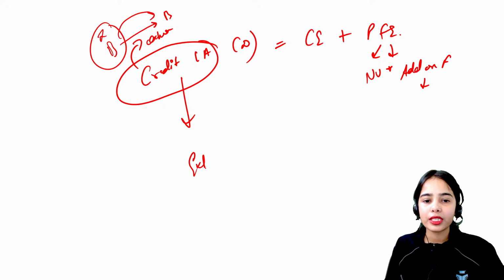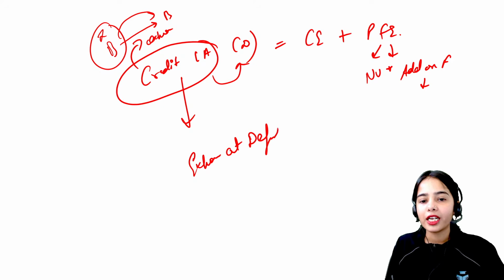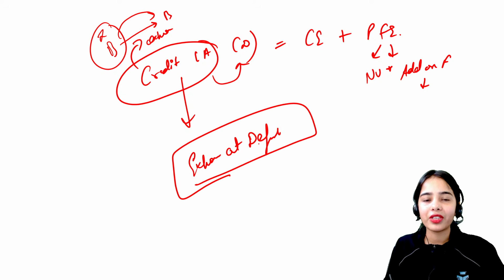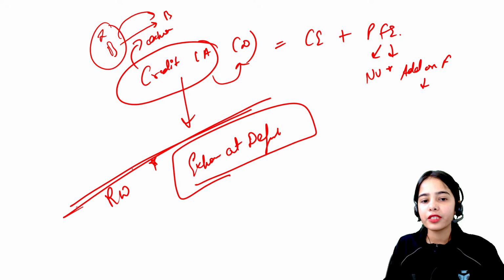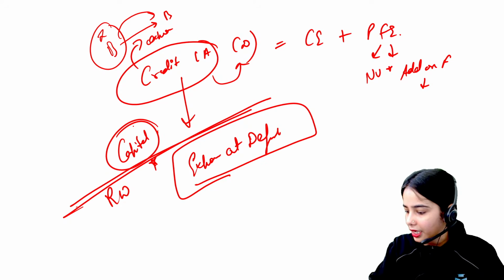Through this credit equivalent amount, we see the exposure at default. Once we have the exposure at default, we multiply it with the risk weight, and against this risk weighted exposure, the bank has to maintain the capital. So this is the idea.